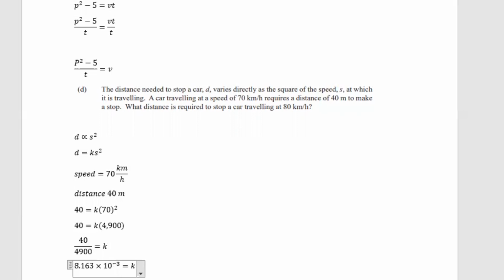So this is our value for k. Now we can go ahead and solve for what distance is required to stop a vehicle traveling 80 kilometers per hour. Using our same formula, distance is equal to k s squared.